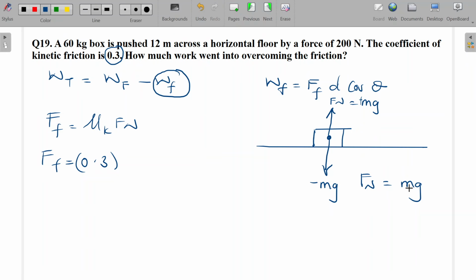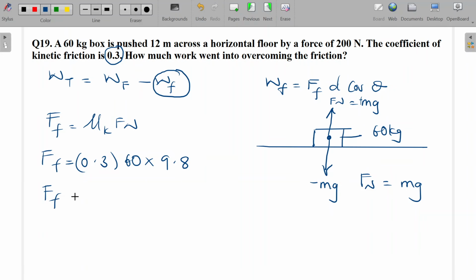Then our normal force Fn is equal to mg. So what is our mass? Our mass is 60 kg, so this box is 60 kg. So our normal force is equal to mg, which is the mass, 60, times the gravity, 9.8.